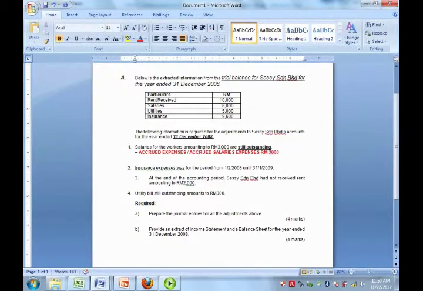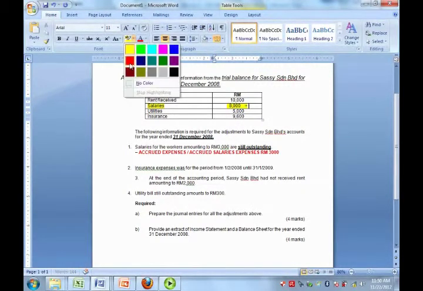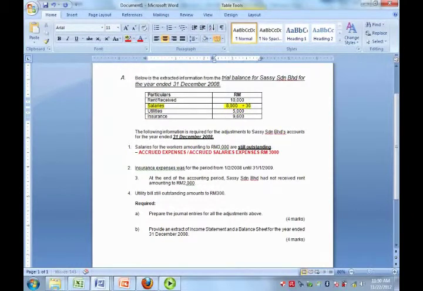RM 3,000. So class, when you know the salary is accrued expenses, what do you have to do to the old amount in your previous trial balance? Yes, plus. Plus with 3,000.